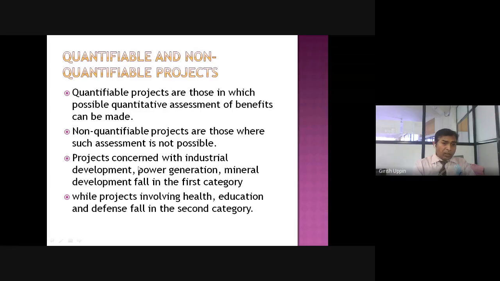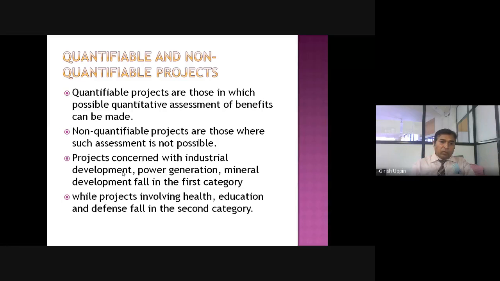So for the projects related to industrial development, one of the things I told about the government policies is to increase the small scale industry sector, MSME, micro, small and medium industries.